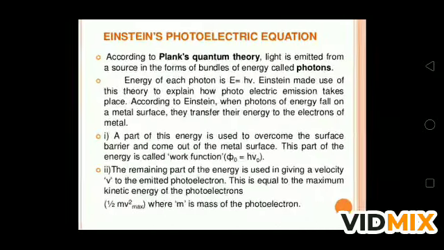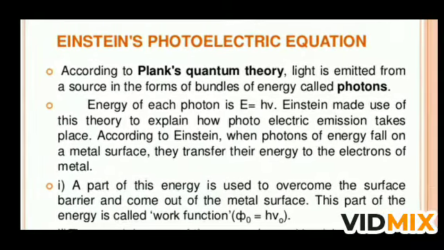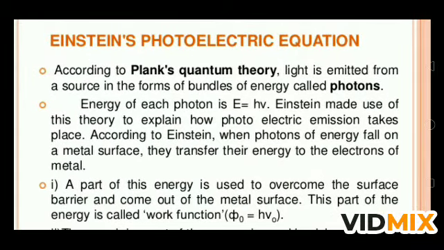Now the next is Einstein photoelectric equation. Albert Einstein proposed a radically new picture of electromagnetic radiation to explain the photoelectric effect. He gave one equation, and it is based on the quantum nature of light.